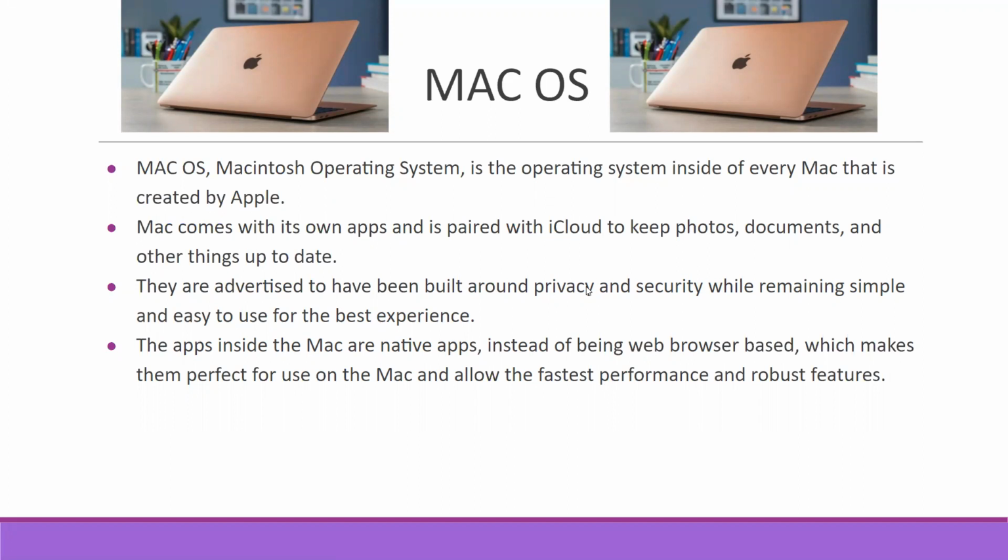The apps inside of Mac are native apps, which means they are created for the Mac and they come from the Mac, so they're not being foreignly downloaded off of anything. So instead of it being web browser based, like using Internet Explorer or Firefox, it makes the native apps perfect for the Mac and allows for faster performance and more robust features.